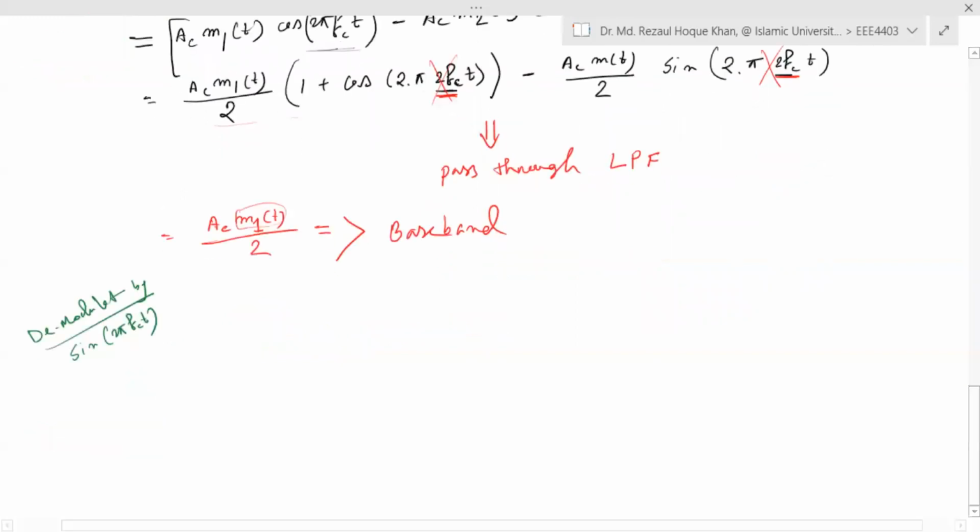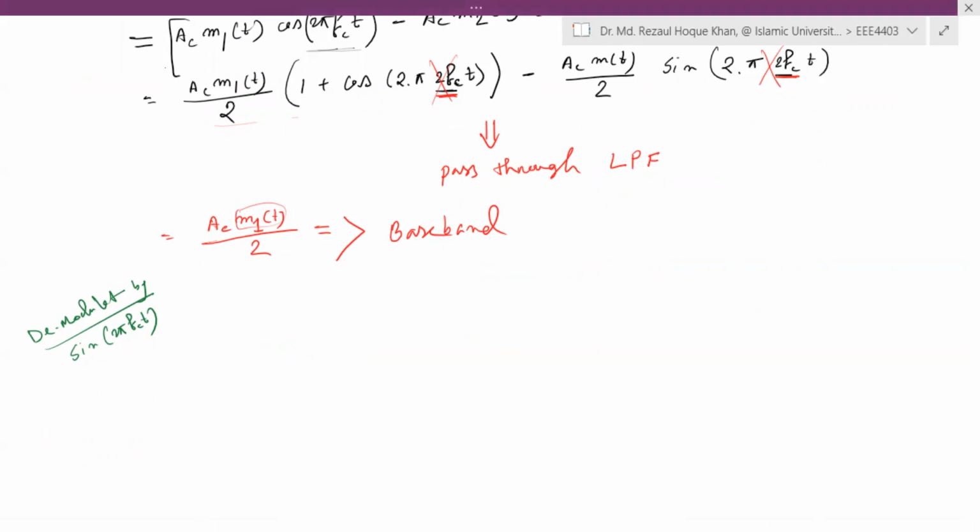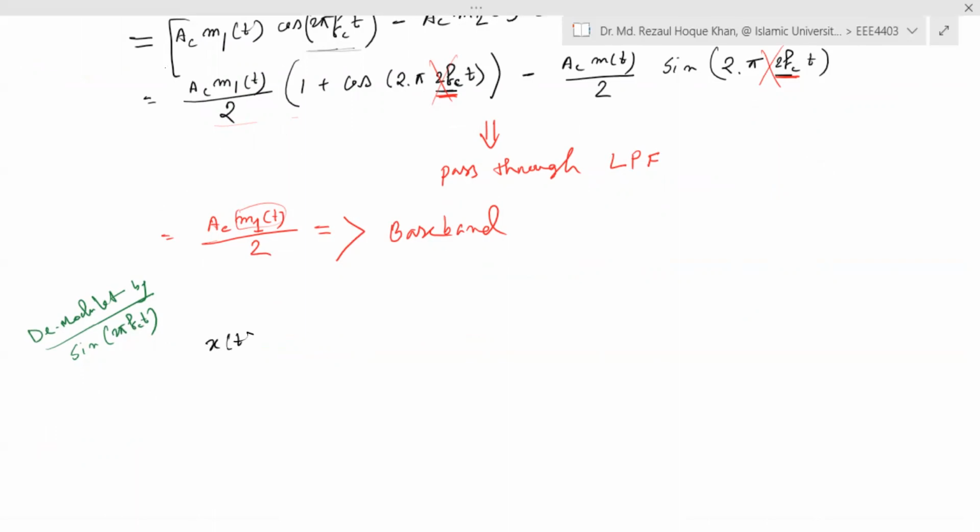Okay, let's see what comes. So the x(t) signal we demodulate by the sine signal, sine 2 pi fct.